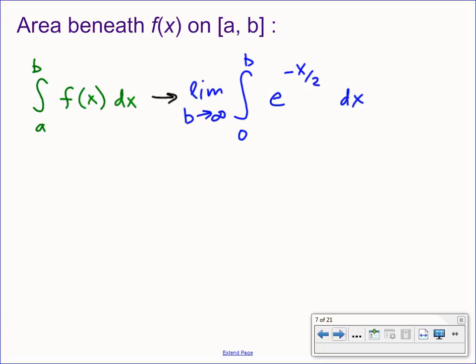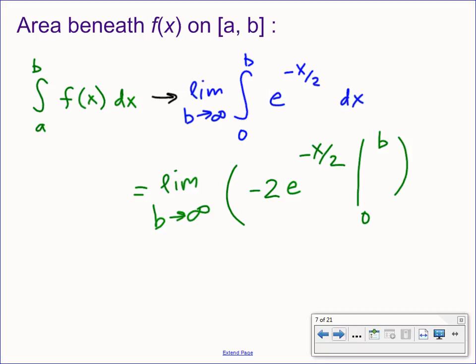That would just be negative 1/2, and we'd have to cancel that out with a negative 2, and then the exponential itself. So I think we're fine. So we keep our limit, and we would get an antiderivative function. It would be negative 2 e to the negative x over 2. Is that right? And we'd evaluate that from 0 to b.